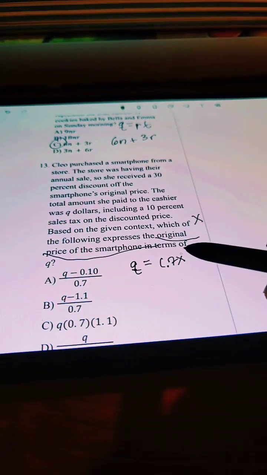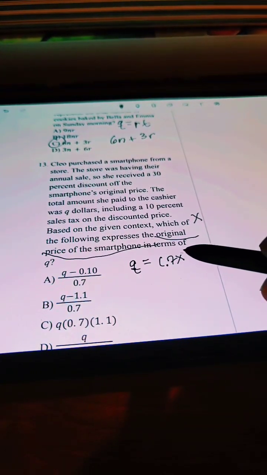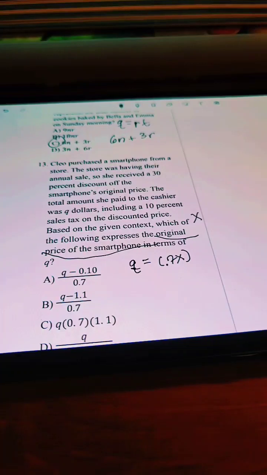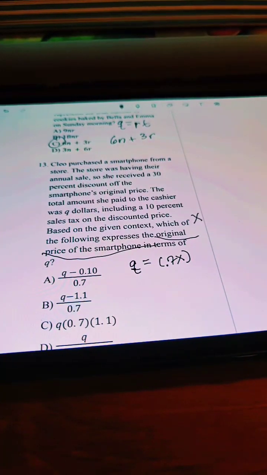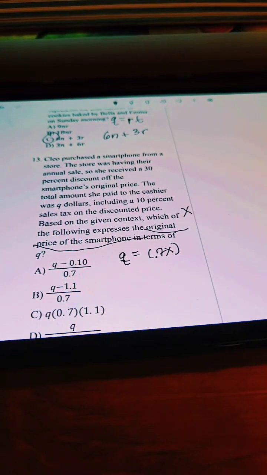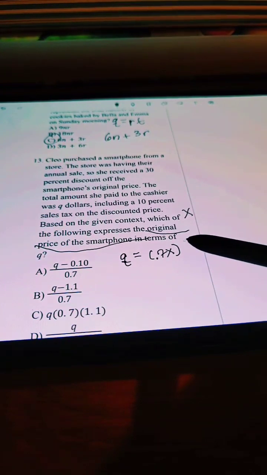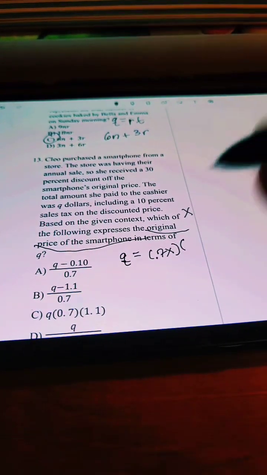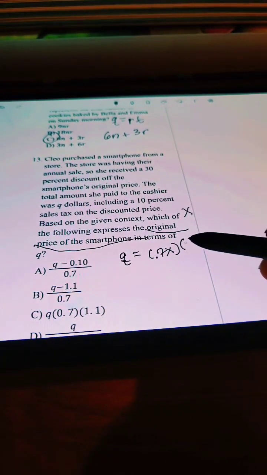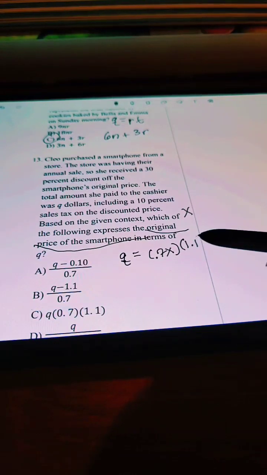So it's not just that you're paying the 70%, you're going to be paying that plus 10% of the 0.7X, so you're really paying 110% of this, because you're paying all of it plus an extra 10%. So 110% as a decimal would be 1.1.